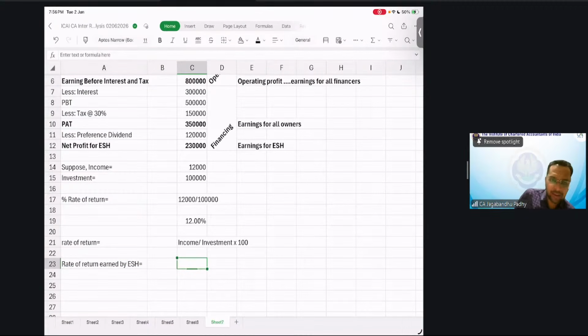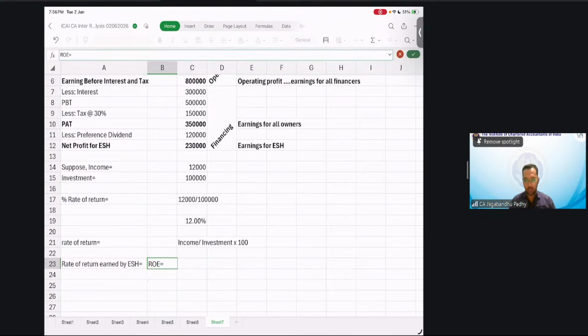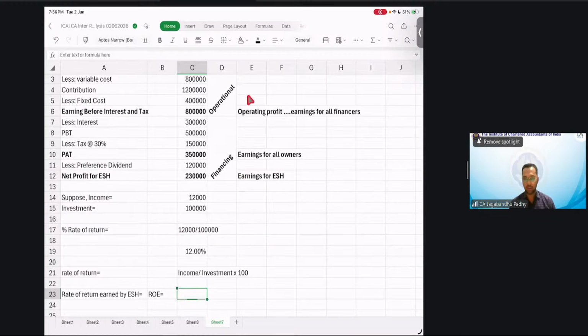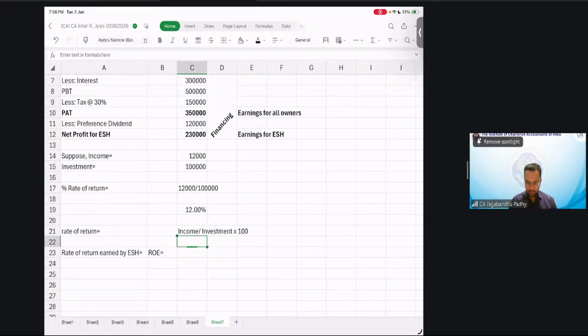I don't want the answer, I want the formula for that. Rate of return earned by equity shareholders, which we also call return on equity. So what is the income for equity shareholders? Can I say this one? Earnings for equity shareholders, which is net profit for equity shareholders, right? So we can say this is net profit for equity shareholders divided by.